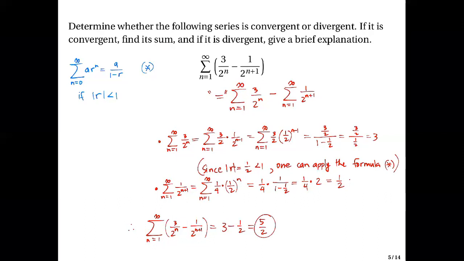So there is a question, bakit 1/4? Tignan mo yung power ni 2. The power of 2 is n plus 1, and you want the n minus 1 power. So you have to bring out two 2's, or 2 squared, and 2 squared is 4. That's why we get 1/4 here. Oh, in this one here, sorry, the power is n minus 1.